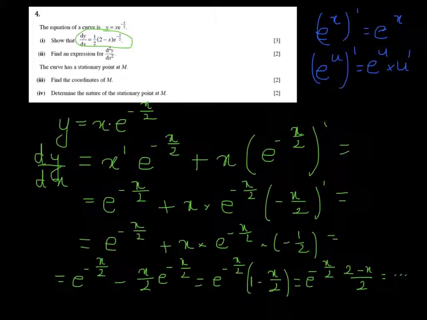Now the next question asks me to find an expression for the second derivative. See, practically, the first question could sound scary, show that. Generally students are intimidated by such type of questions, but actually they are not difficult. On the opposite, they are easier. Practically the answer is given.